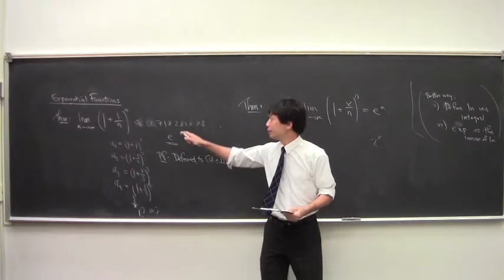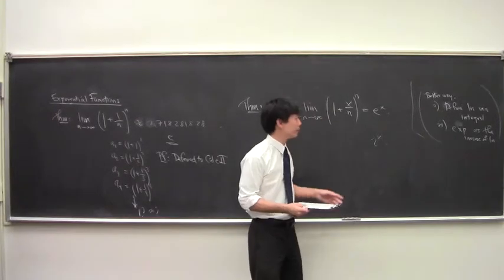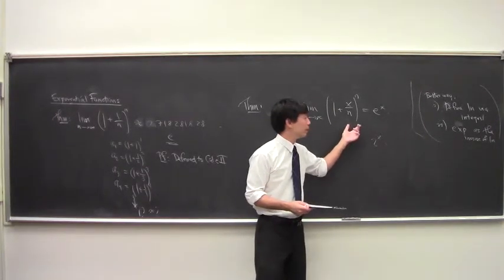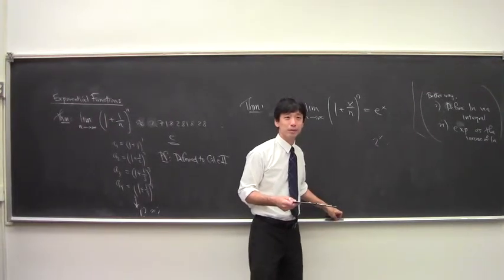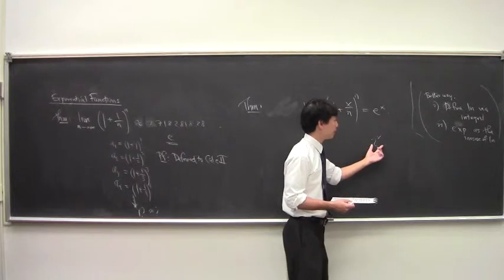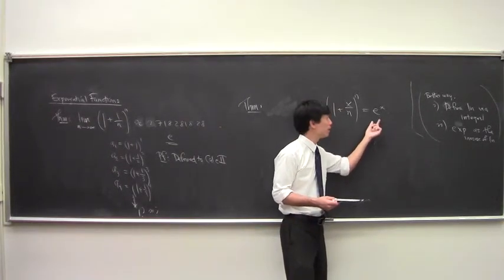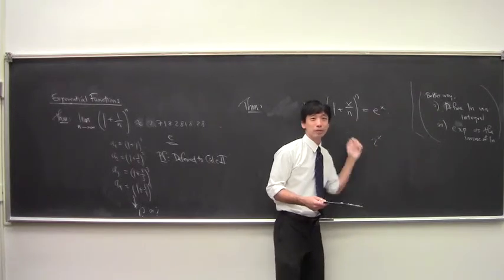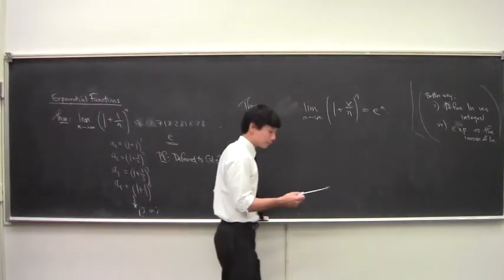The base happens to be this particular number, and for reasons that won't be clear at this point, this turns out to be the natural base. So you have exponential functions based on some base. For e to the x, this base e turns out to be the best base for some reason.